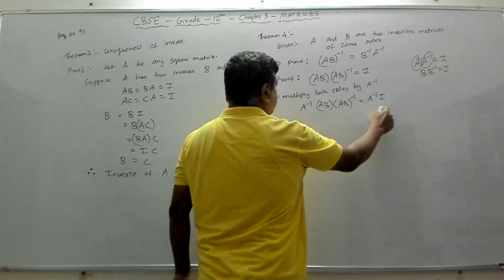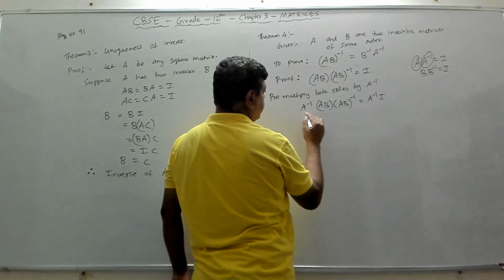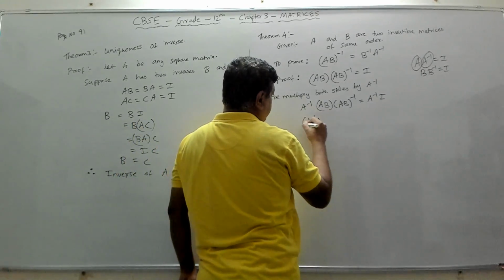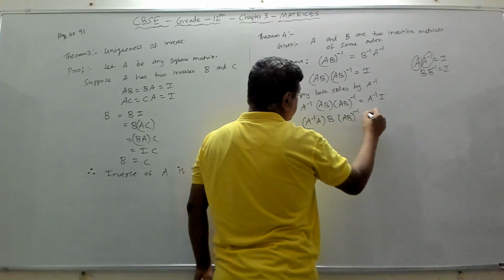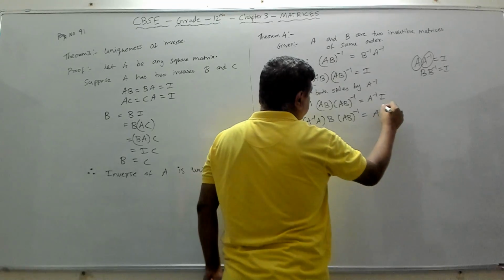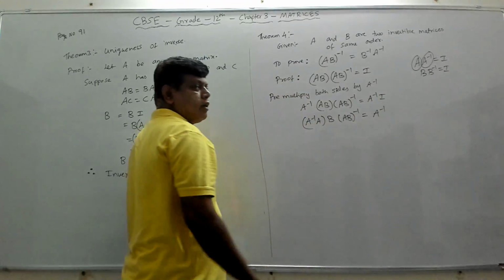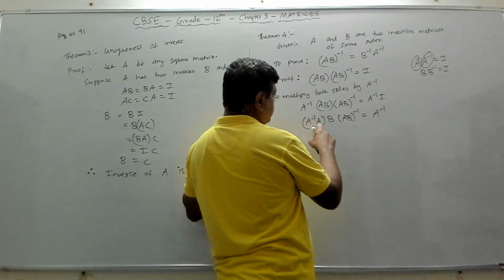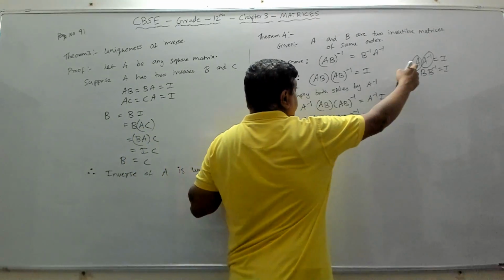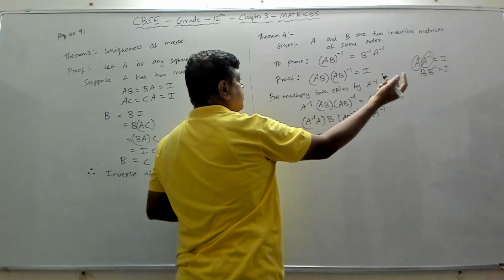Now we can associate this. So I can write it as A inverse A, B, then AB inverse equal to A inverse into I, which will give you A inverse. Any matrix multiplied by the identity matrix will give back the same matrix, but A inverse into A is I. I told you, A into A inverse or A inverse into A, doesn't matter.